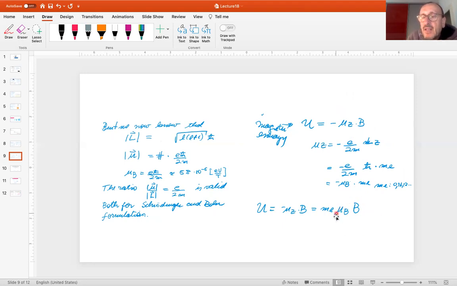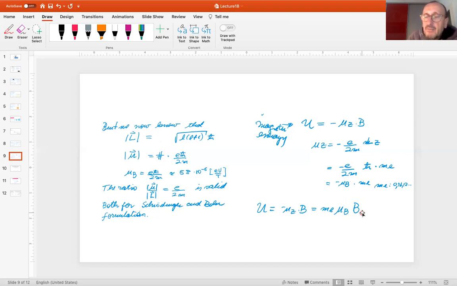And this is the value that I was telling you before. If this is 5.8 times 10 to the minus 5 electron volt per Tesla, and I have a huge field of about 10 Tesla, this product in terms of energy will be only in the range of a fraction of a milli electron volt, okay?